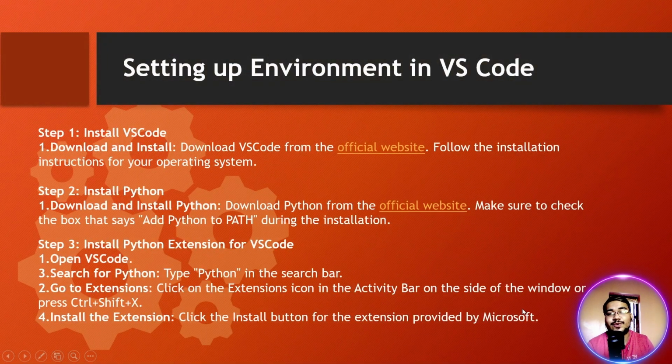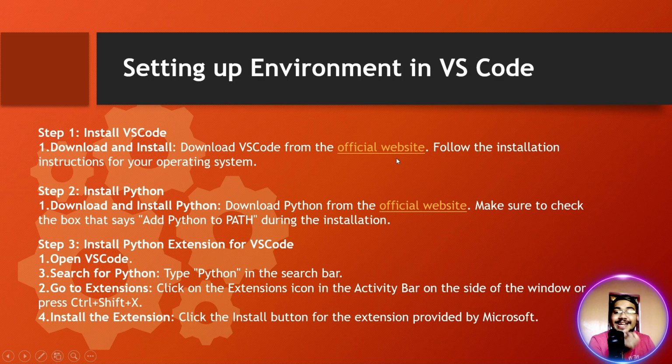Okay guys, so these are the points on how you can set up your environment in VS Code. In the previous video we have already discussed how to install Python, as well as VS Code from the official website, right? The link is already there.